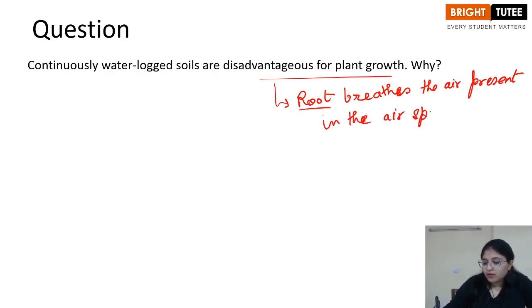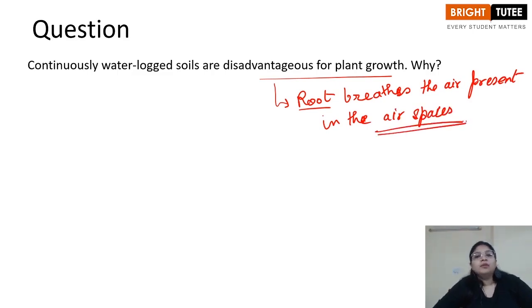Now, if the soil is waterlogged, what would happen? These air spaces wouldn't be there, right? All the water would fill up these spaces and the root would not receive enough oxygen, and eventually the root will start to rot, and this will cause a decline in plant growth and eventually death, right? So that is the reason why continuously waterlogged soil is not good for plant health.